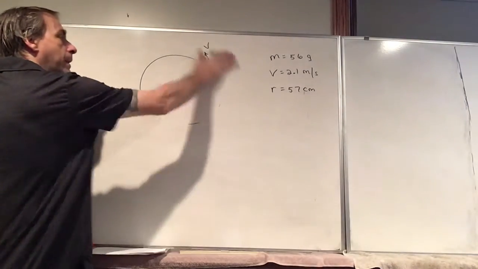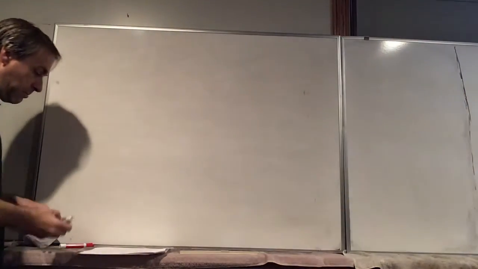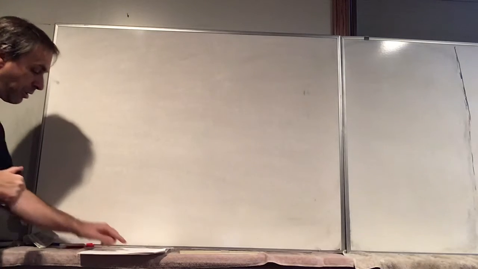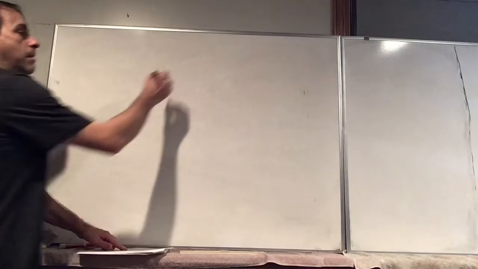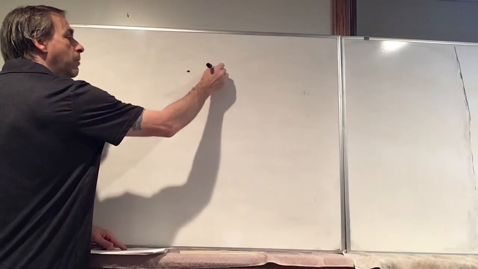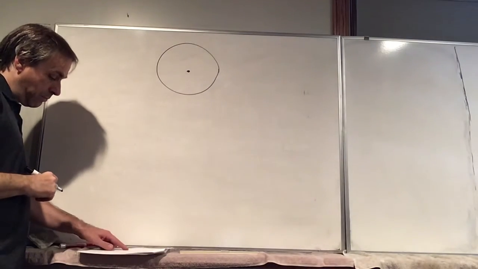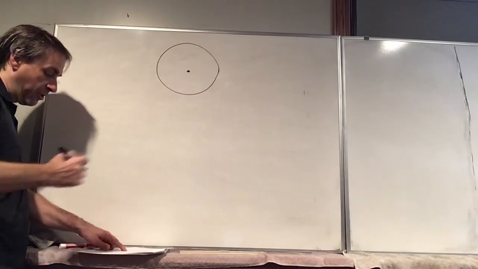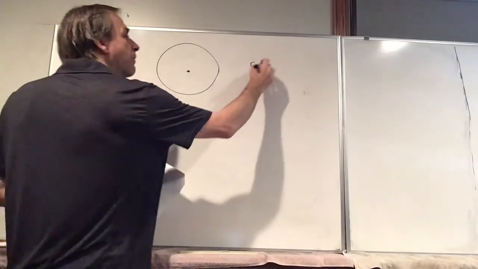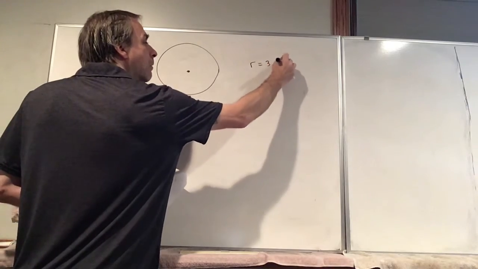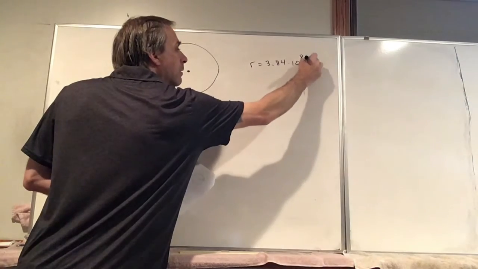All right, so let's look at problem 11. So an astronomer is studying a distant planet with a moon. So we've got a planet with a moon orbiting around it. So we measure the orbital radius, 3.84 times 10 to the 8th meters.